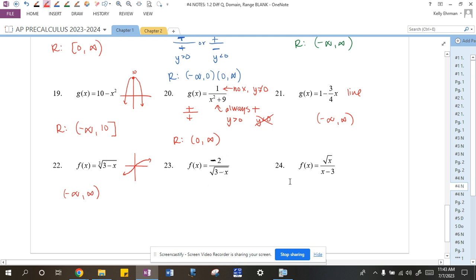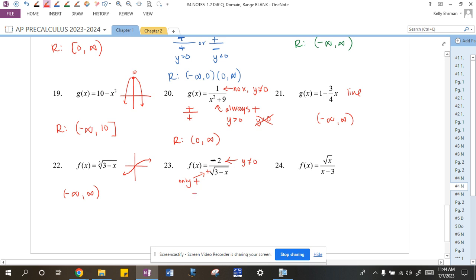23 I have is negative 2 over the square root of 3 minus x. So no x, y can't equal 0. Think about the square root. This square root sign is only positive. If you plug in values in the domain for that, like plug in 0, plug in 1, plug in 3, plug in -10, you're going to get the positive square root of something.